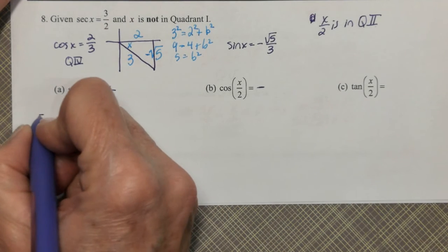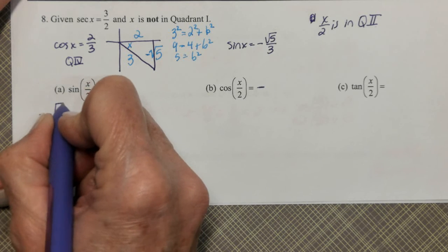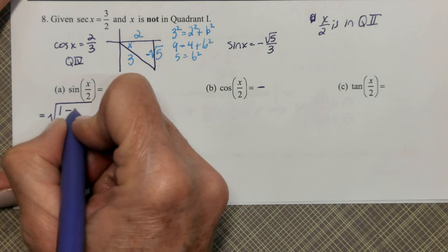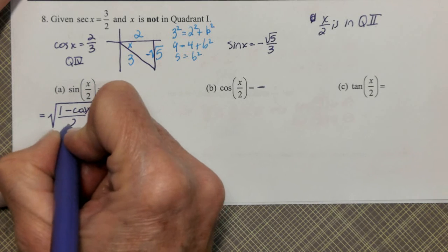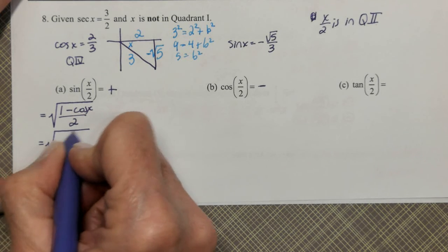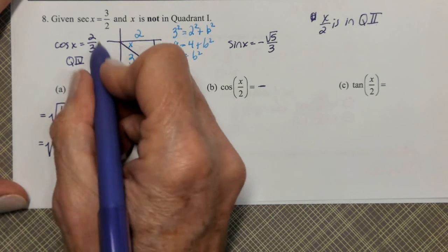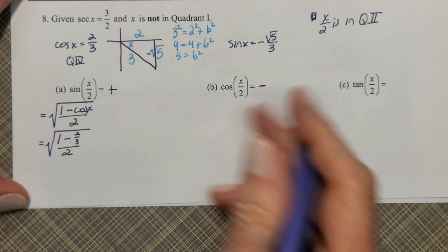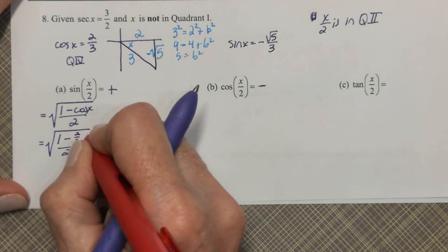All right, so for sine of the half angle, we're going to have a positive square root of 1 minus cosine x over 2. That's the formula. So 1 minus cosine x is 2/3. I'm going to multiply top and bottom by a 3.